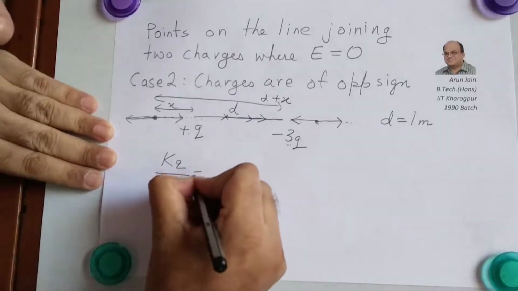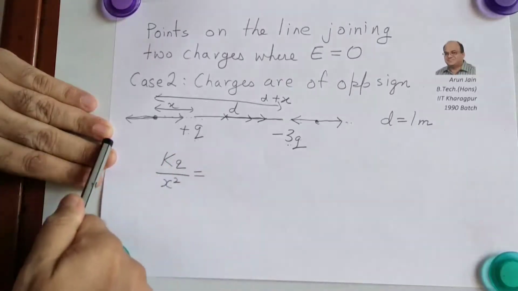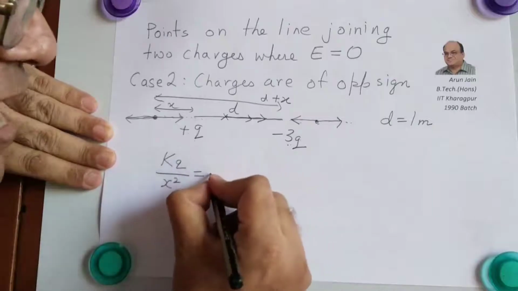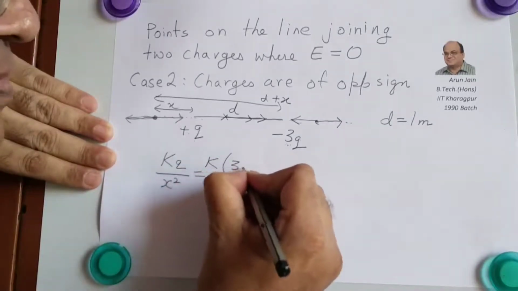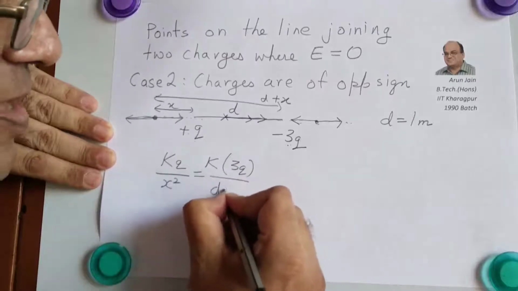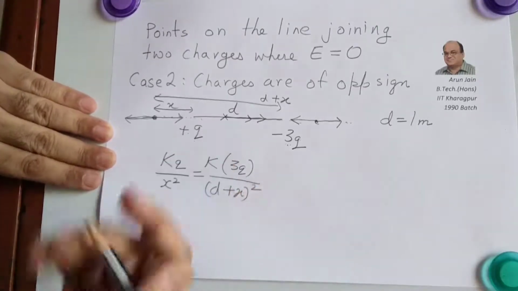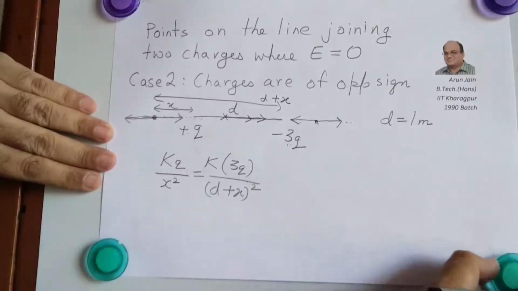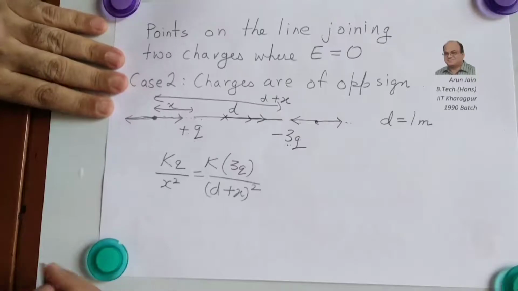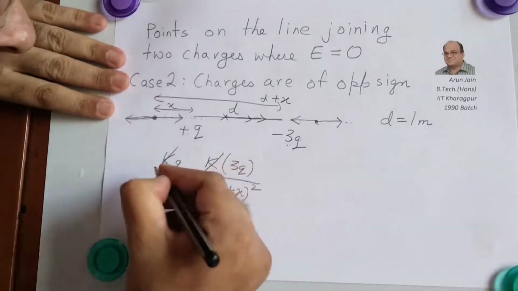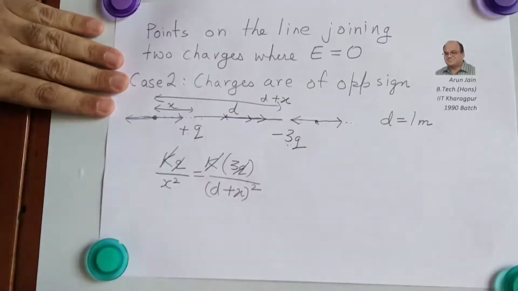The electric field due to the minus charge will be opposite in direction and will have a magnitude k into 3q by d plus x the whole square. Okay, the electric fields will have equal magnitude. Direction is opposite. K and K will cancel, Q and Q will cancel. Again we have got squares here, so we'll take square root.